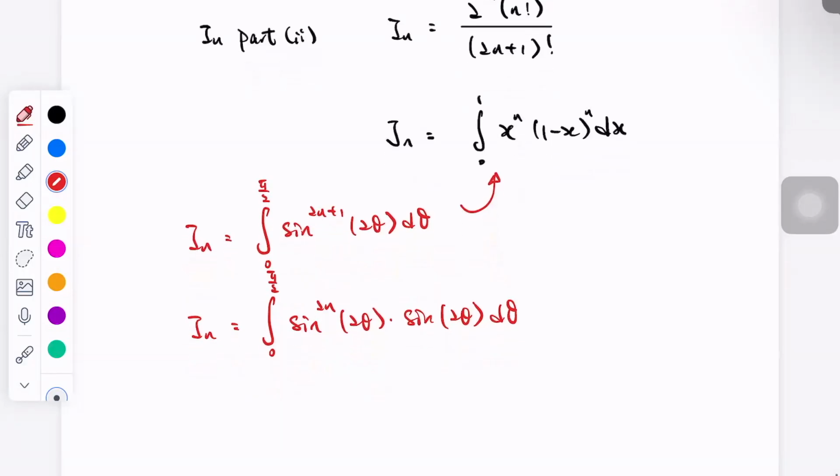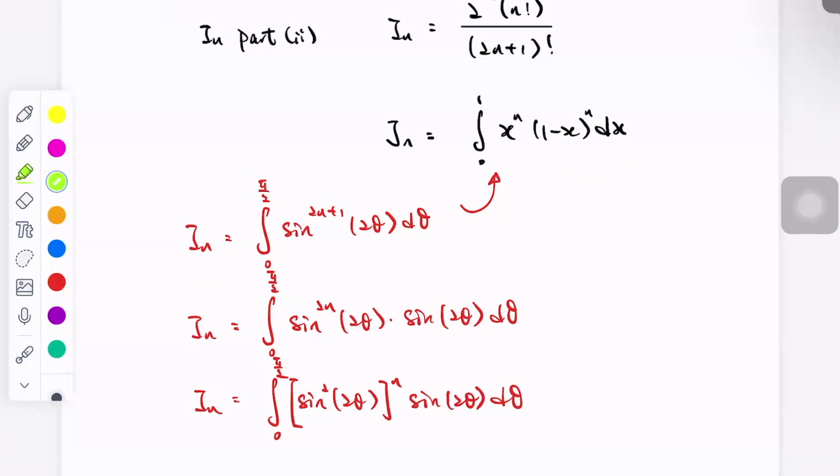And then I want to put the n as the power, which is integration from 0 to pi over 2 of (sine 2 theta squared) to the power of n, times sine 2 theta d theta. That's why you can see I can form something similar to the Jn, right?